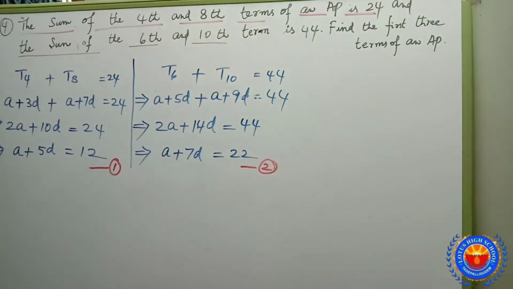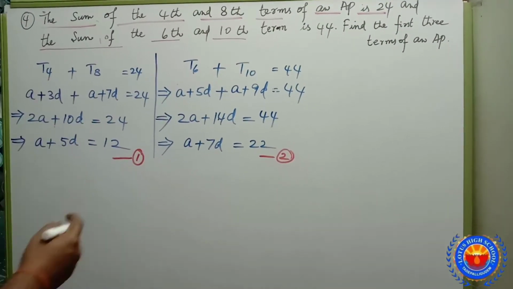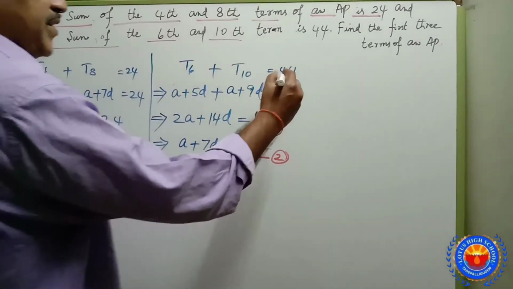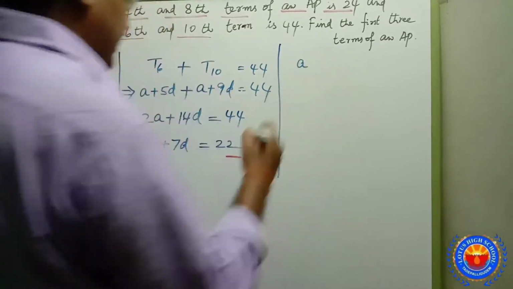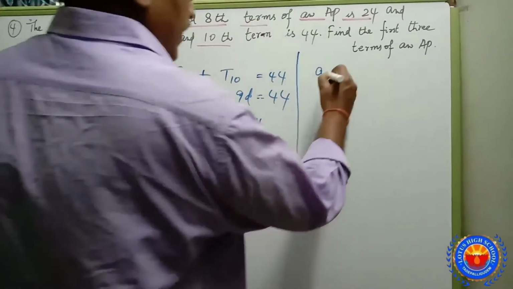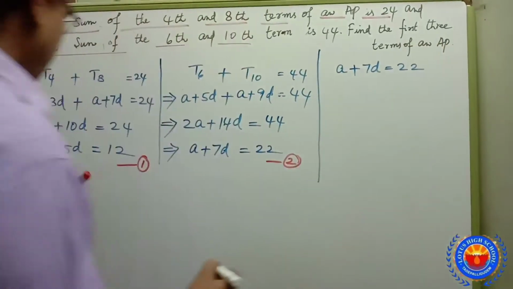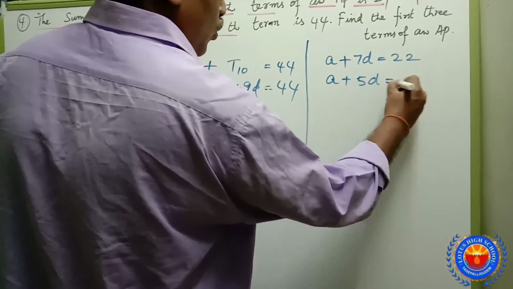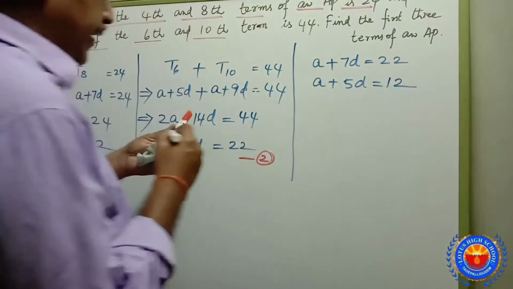Equation 1 and 2. Now solve these two equations. Here I'll solve. First I'll take A plus 7D is equal to 22 and A plus 5D is equal to 12.